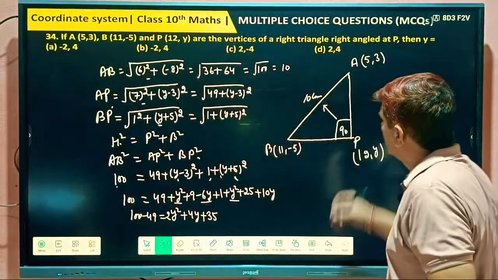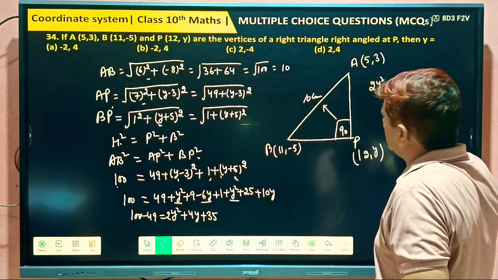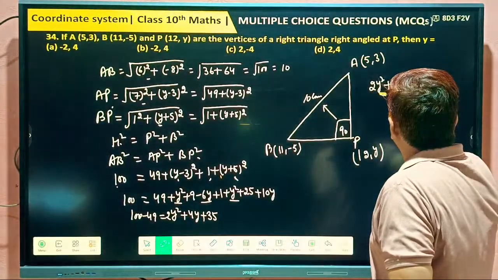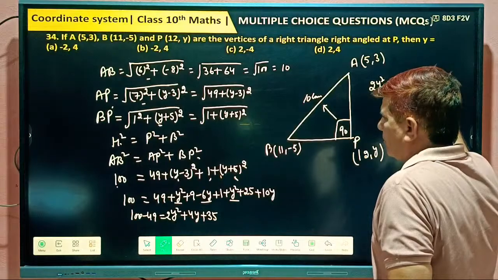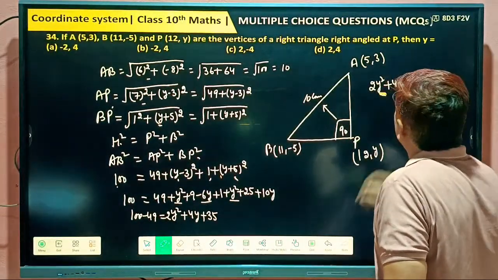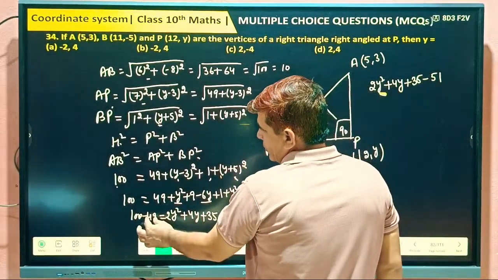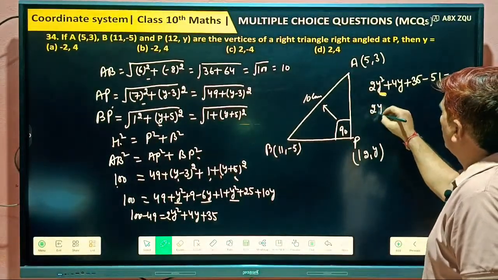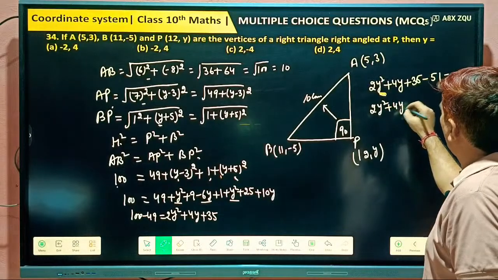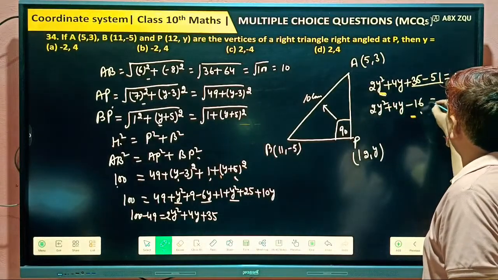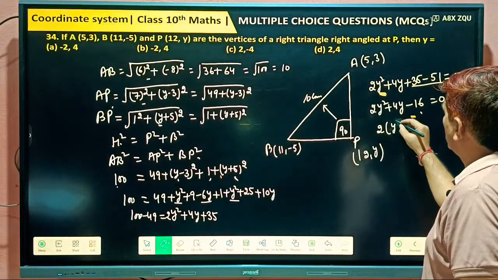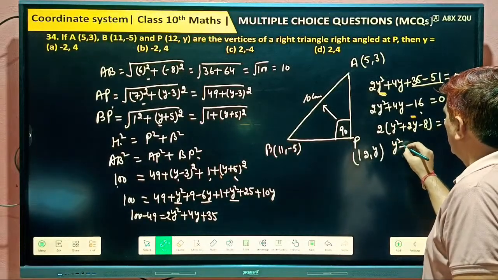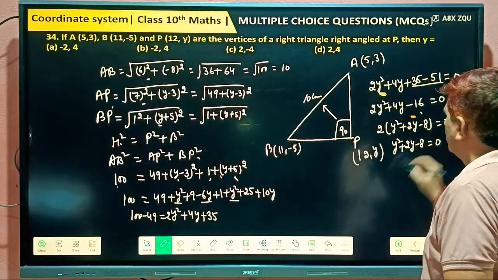Here I am solving this: 2y squared plus 4y plus 35 minus 51. 100 minus 49 is 51, coming to this side becomes minus, equal to 0. So 2y squared plus 4y minus 16 equal to 0. Take 2 common: y squared plus 2y minus 8 equal to 0.